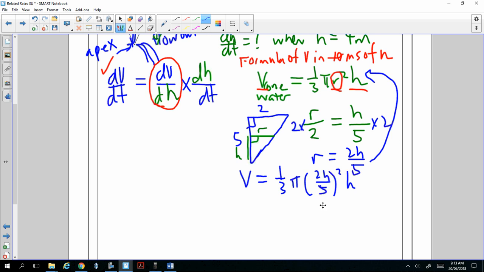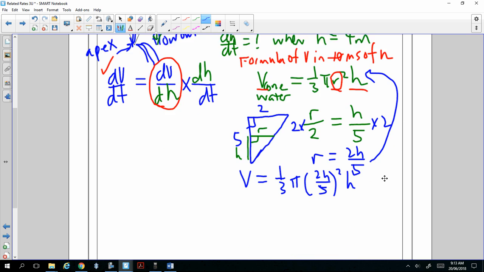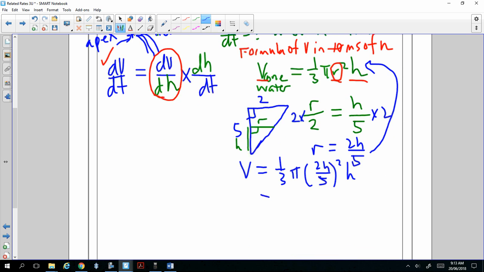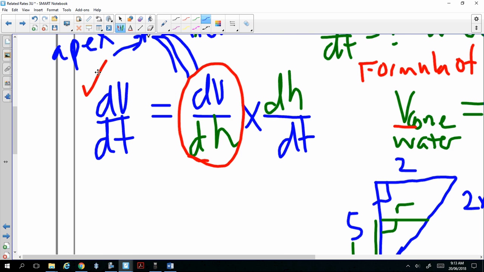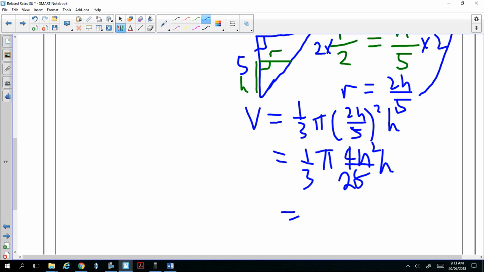So we're going to square this, which is 4h squared over 25, times 1/3 pi. And then you continue. You get 4 pi h cubed over 75. And now we can differentiate.